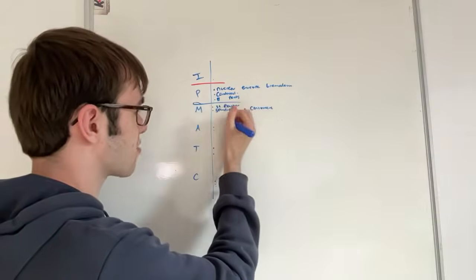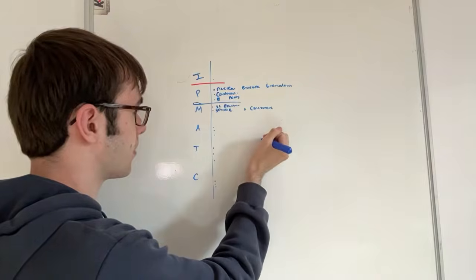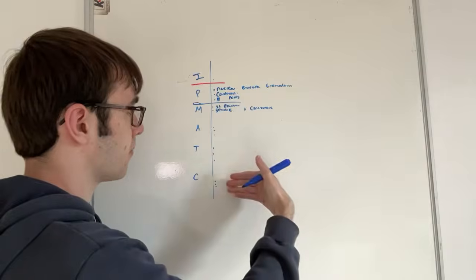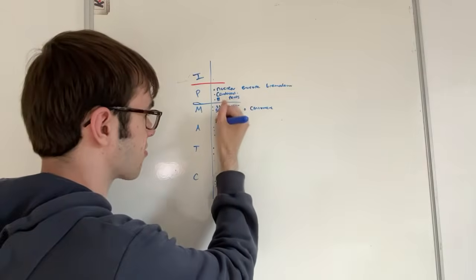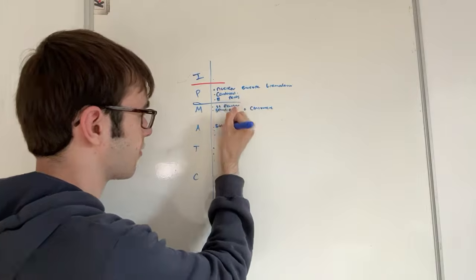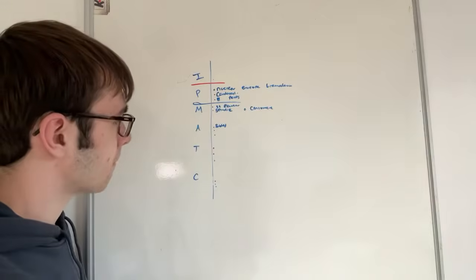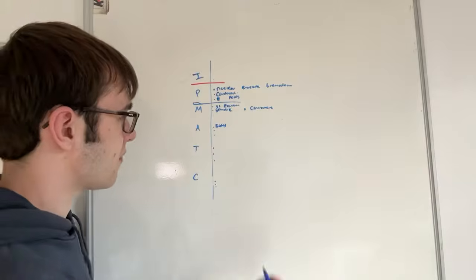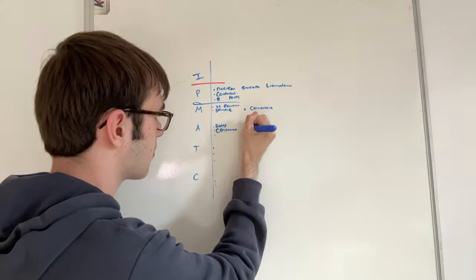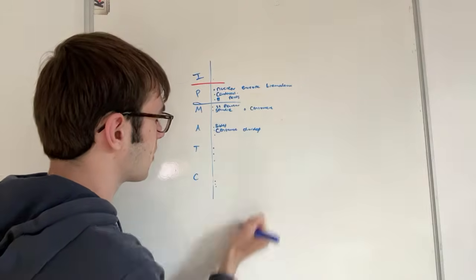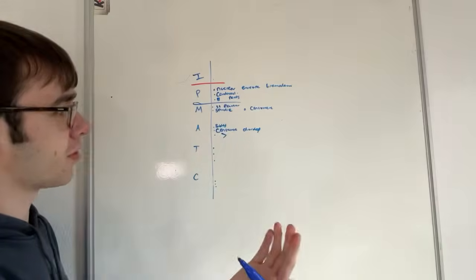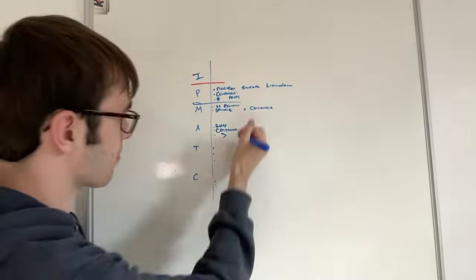Then in anaphase, that is where the chromosomes are pulled apart to opposite parts of the cell, opposite sides. Anaphase is where the centromere divides, and this is where you get your V-shaped chromosomes as they are pulled in opposite directions.